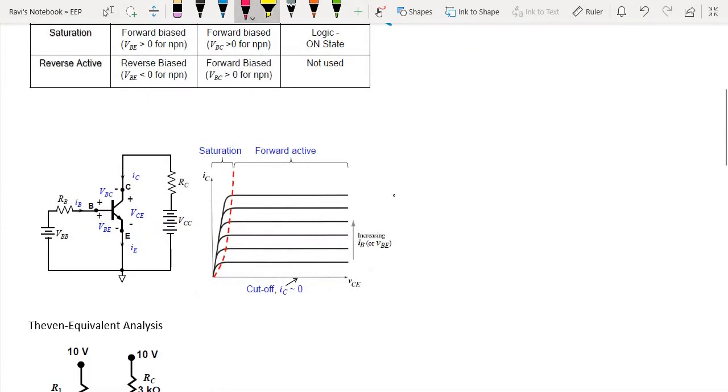In terms of connecting up a circuit for the transistor, you need to provide two voltages. One is at the base, to bias the base-emitter junction over here, and the other is across the collector and emitter over here.